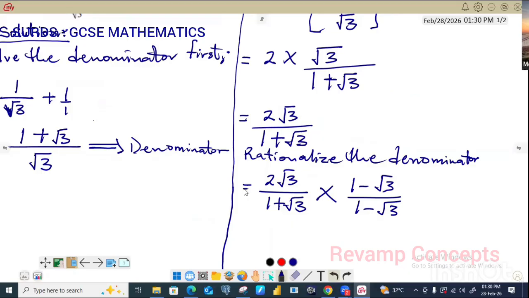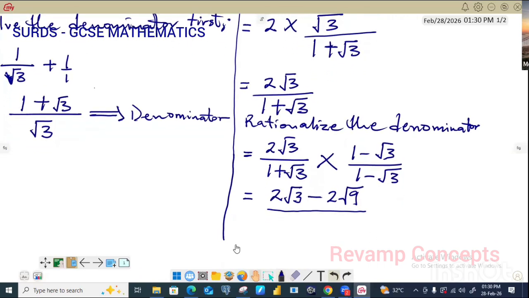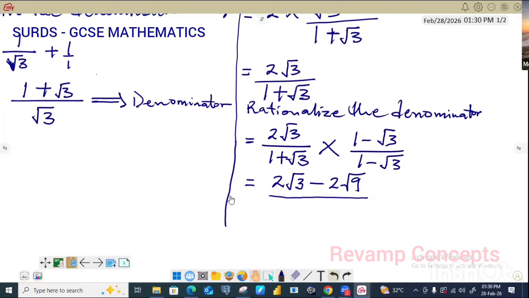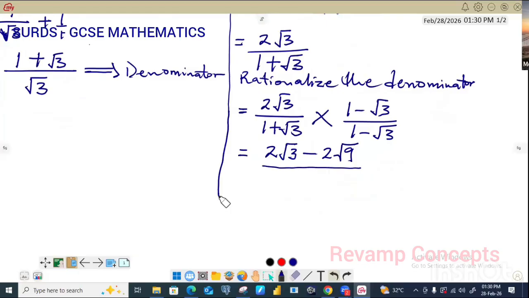And I want to believe these steps are similar to some of the questions we treated previously. So 2 root 3 multiplied by 1 will give us 2 root 3. And 2 root 3 multiplied by minus root 3 will give us minus 2 root 9. For the denominator, it's still going to be the difference of two squares, because we have 1 plus root 3 multiplied by 1 minus root 3.